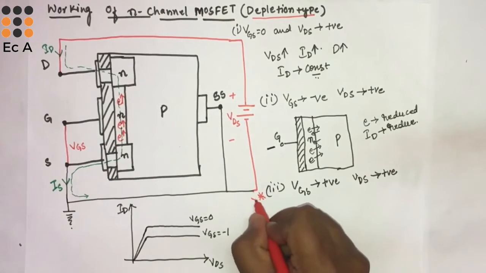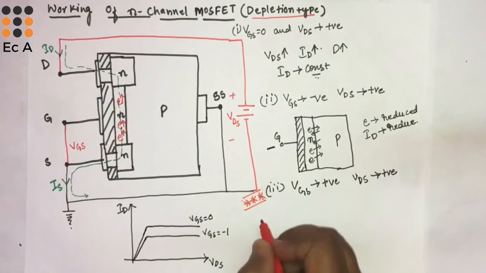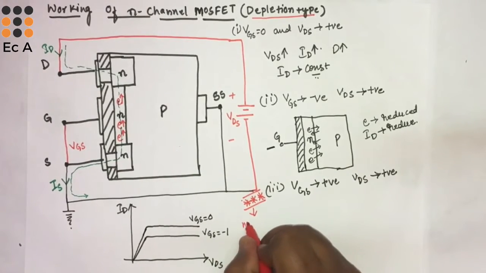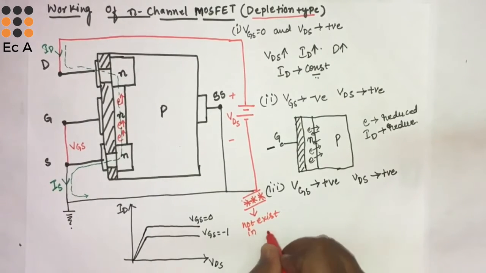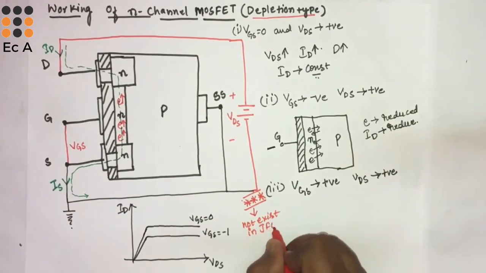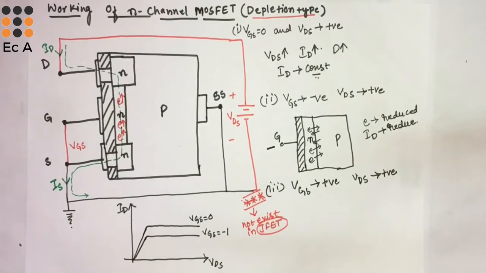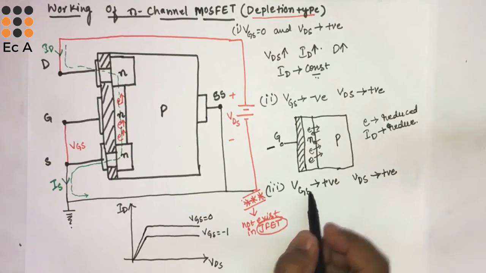This condition can exist only in MOSFET. So we should not apply positive voltage for gate and source in case of JFET. We can apply positive voltage between gate and source only in MOSFET.